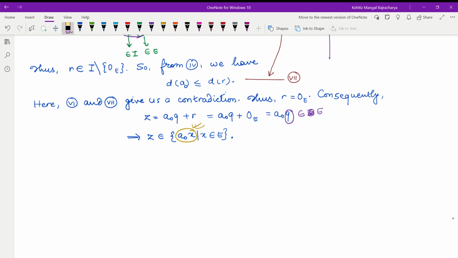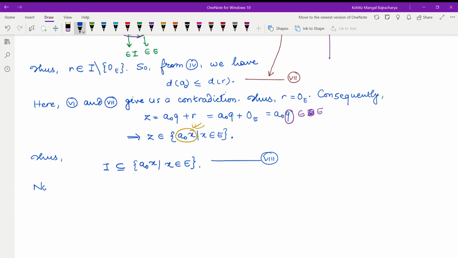Thus we've taken any arbitrary element of I and shown that the same element is in this set. Thus we have this statement to be true.